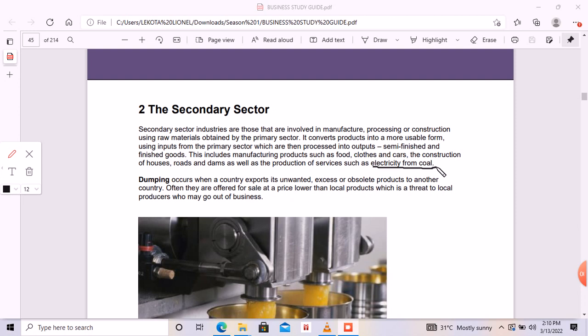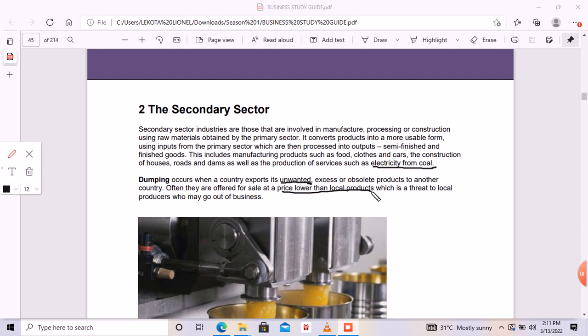It occurs when a country exports its unwanted, excess, or obsolete products to another country, and then often they are offered for sale at a price lower than the local products, which is a threat to local producers who may go out of business.